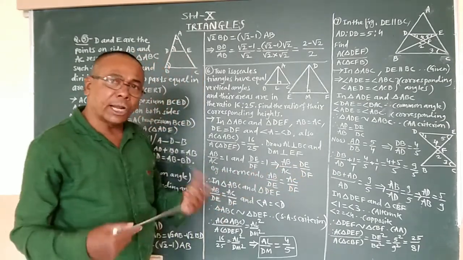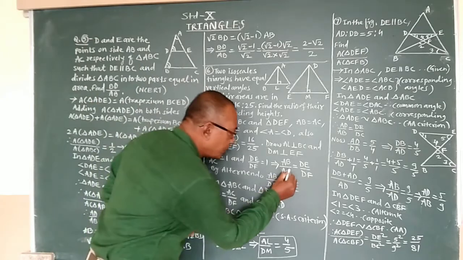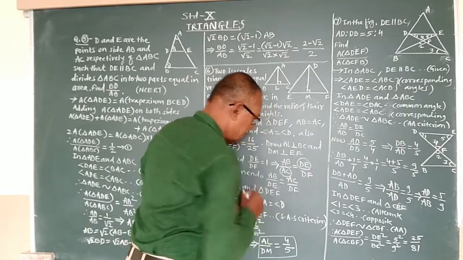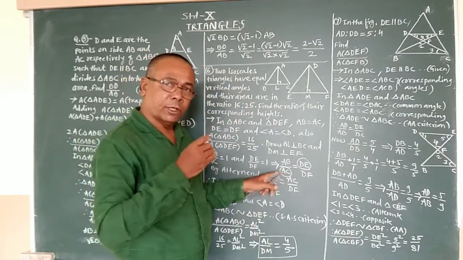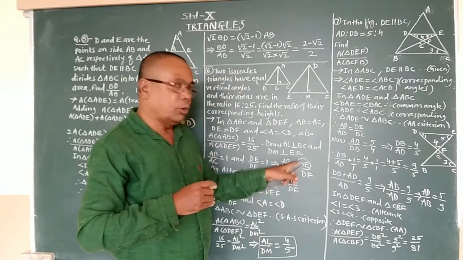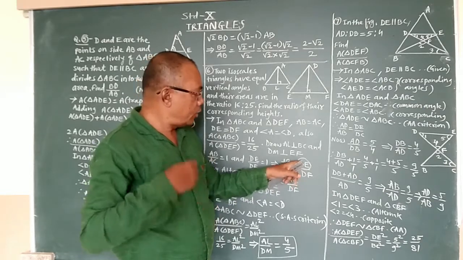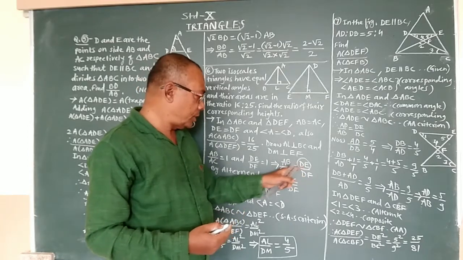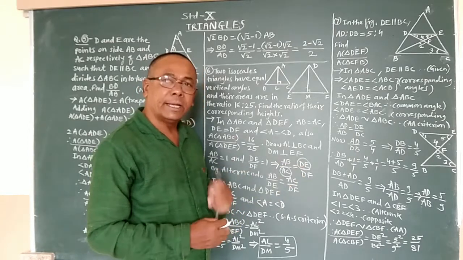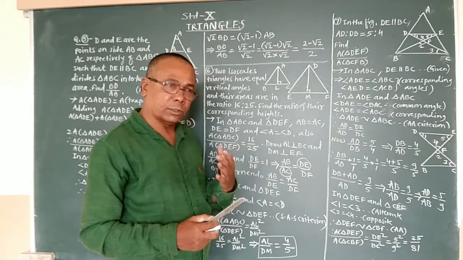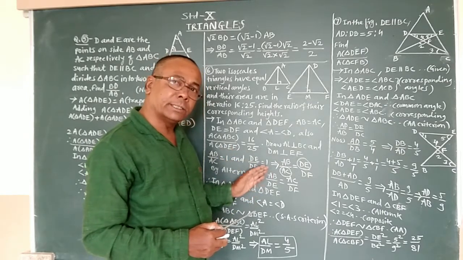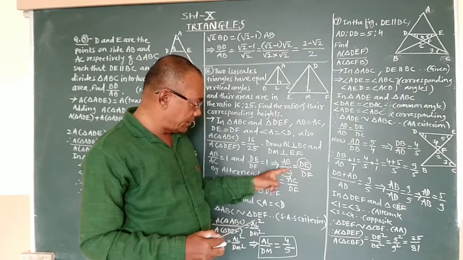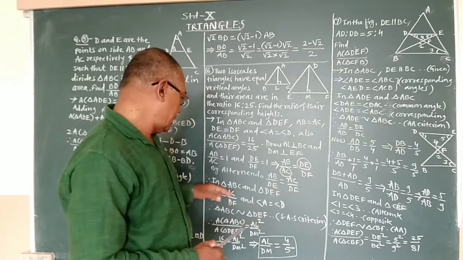Now by alternendo, we transform the denominator of the first ratio to the denominator of the second, and the numerator of the second to the numerator of the first. Means we have to interchange AC and DE. This procedure is called alternendo. So AB upon DE equal to AC upon DF.